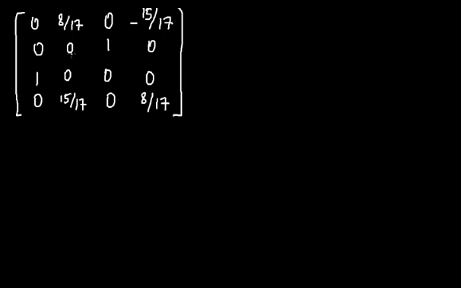So to check whether the matrix is orthogonal or not, what we need to do is to check that its column vectors satisfy all the conditions that we stated here.